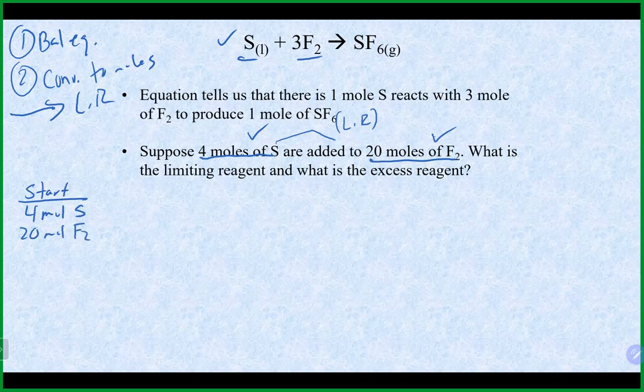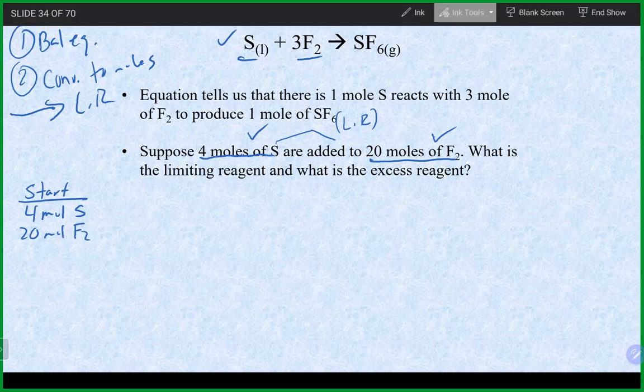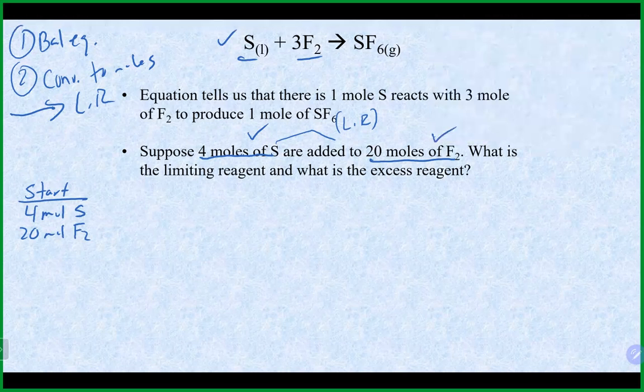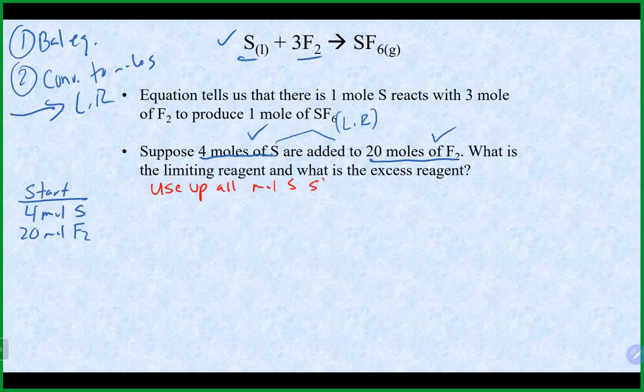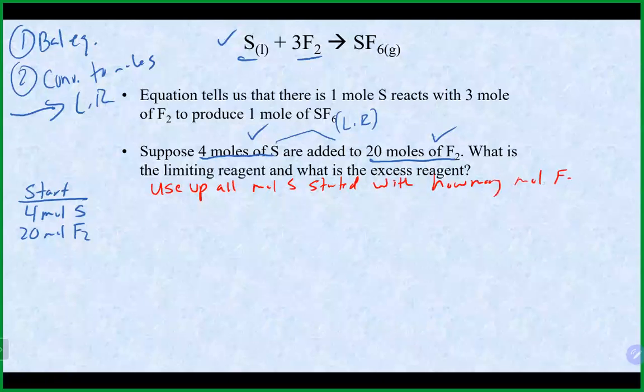What I'm going to do now is a calculation to help me figure out which one of these 2 is the limiting reagent. If I want to use up all of the moles of sulfur I started with, how many moles of F2 are needed? That's basically what this calculation is.